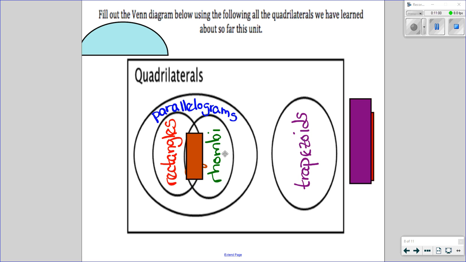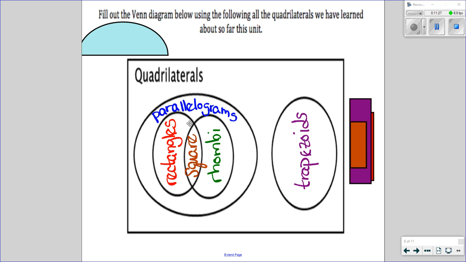And there was something in the previous lesson where it says rectangle plus rhombus equals a square, because the square has all the properties that a rectangle has, all the properties that a rhombus has, all the properties that a parallelogram has, and all the properties that you would see in the quadrilateral family.